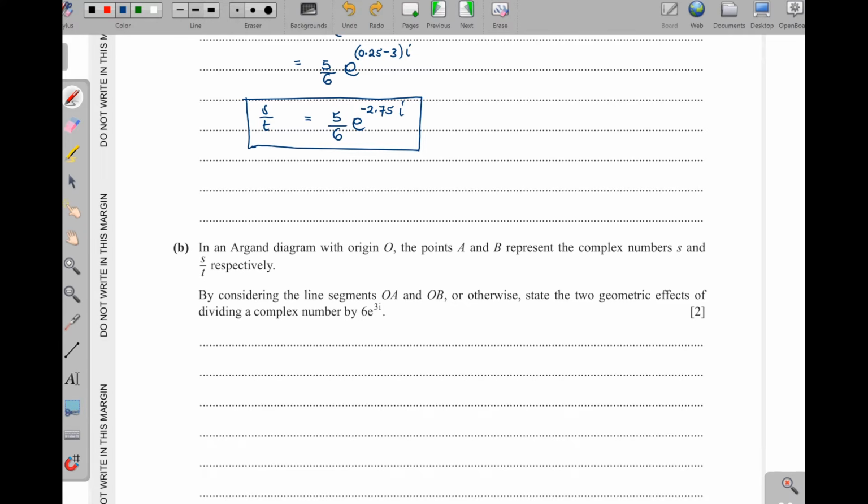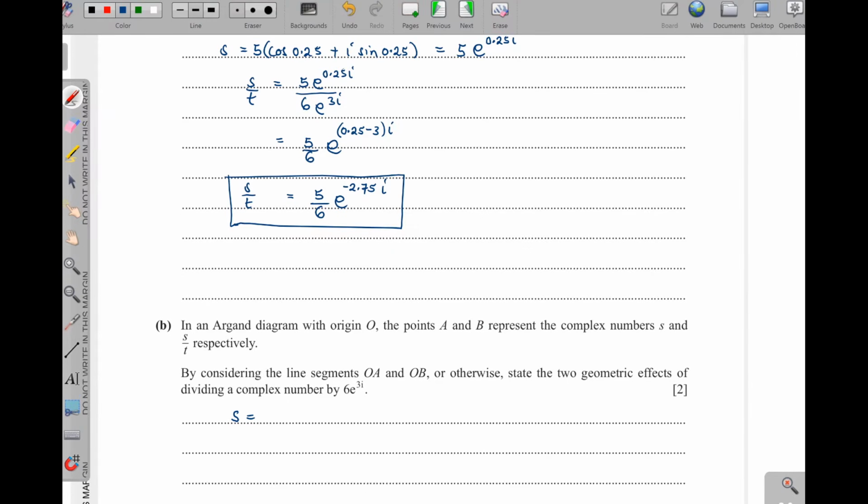Now, we are looking at point B, which represents s over t, and then we also have A, which represents s. Remember, s is equal to 5e to the power of 0.25i.